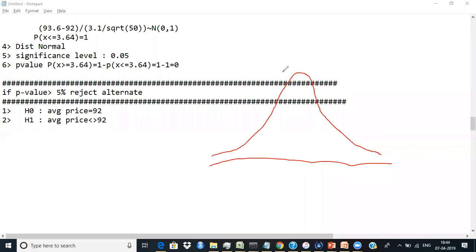You remember the significance level? 5%. We will only reject the null hypothesis if the test statistic lies at a point in an area which is 5%.